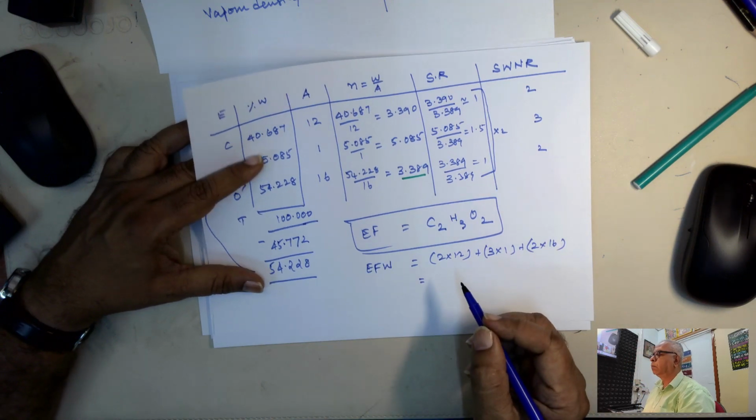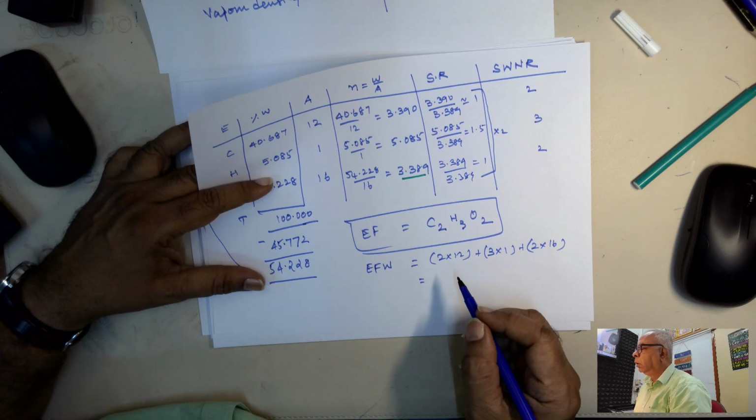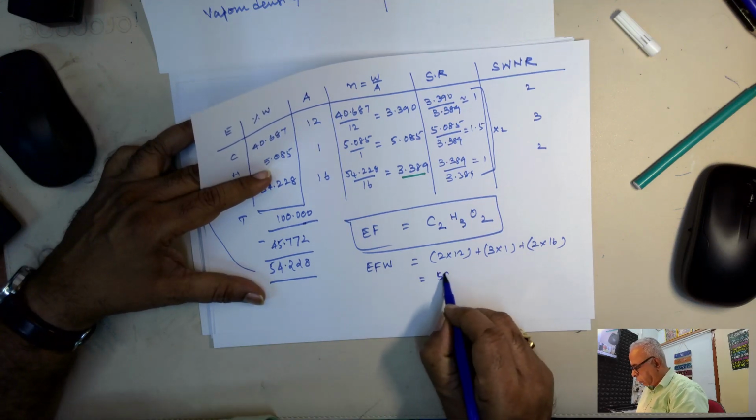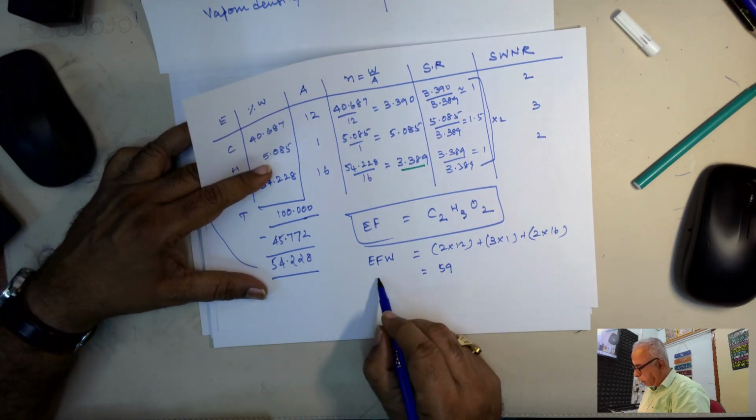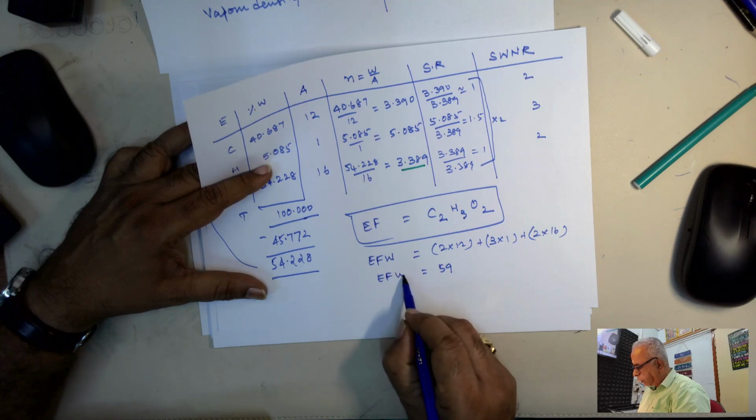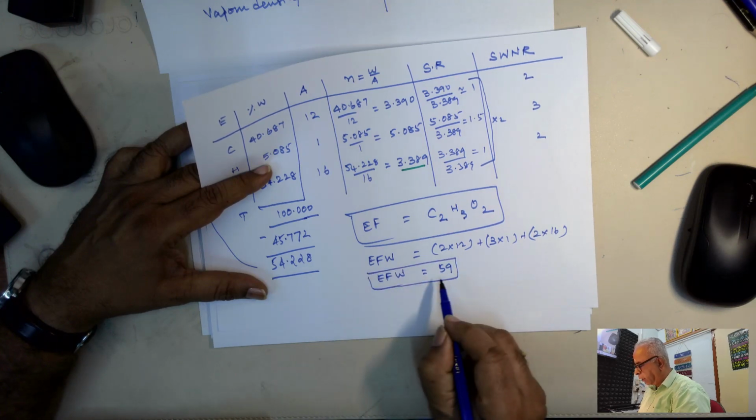Tell me the empirical formula weight. 59. Very good. So the empirical formula weight is 59.